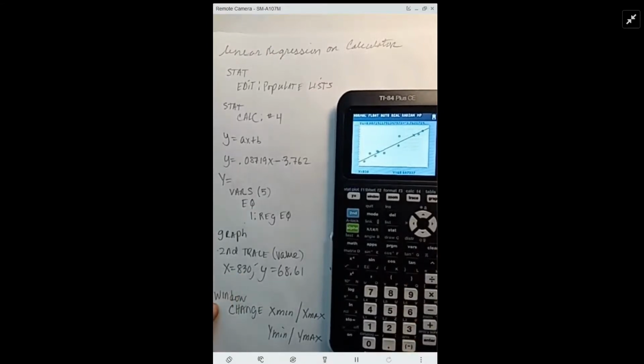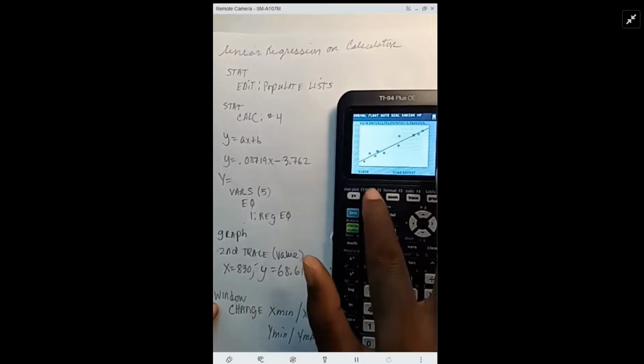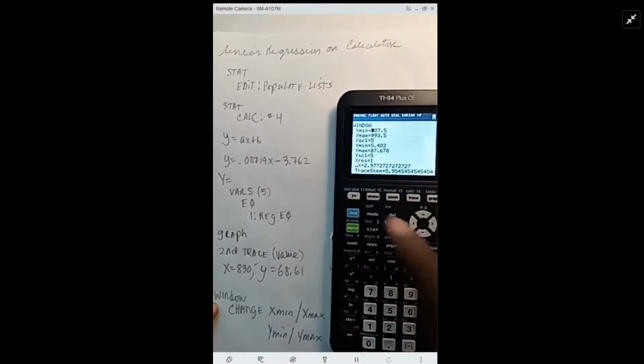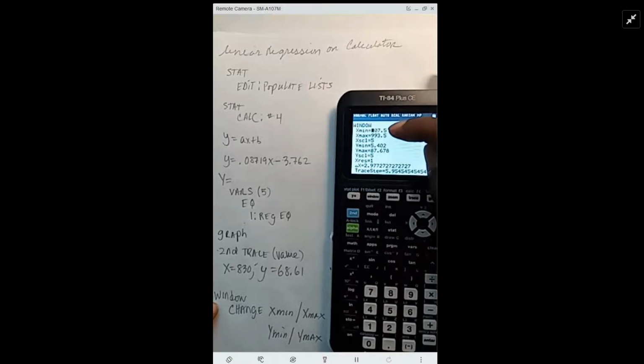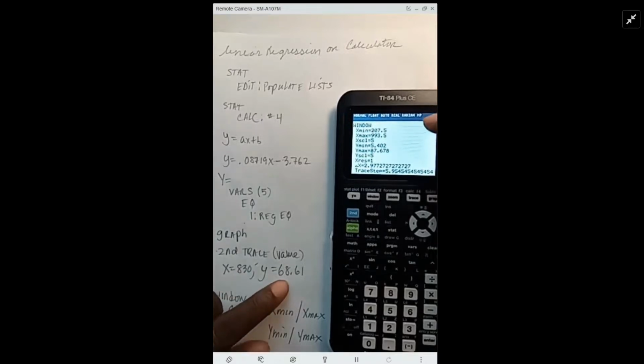I could go back into the window and change my values to fit 830. If the range went from 200 to, say, 700, then trying to calculate at 830 would give me an error. So that gives me a y value of 68.61.